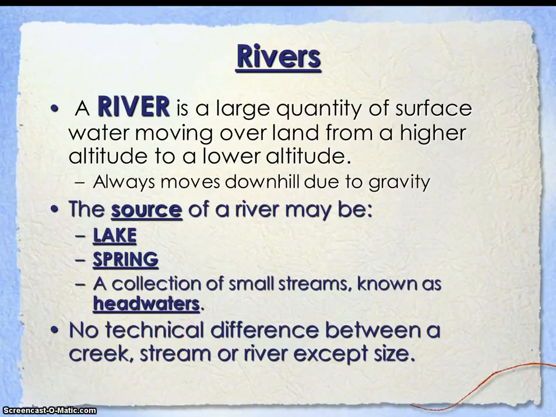Okay, another example of a freshwater source are going to be rivers. Aside from some of the larger lakes on the planet, our rivers are going to hold most of the fresh water that is found on the planet. Rivers always move from higher elevation or higher altitude to lower altitude. They always flow from high up to lower to sea level.